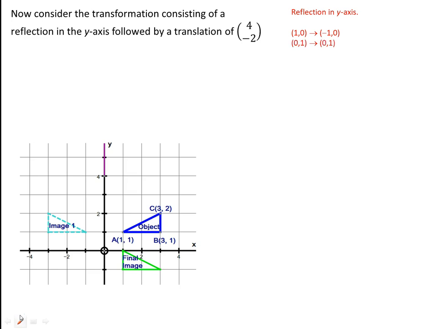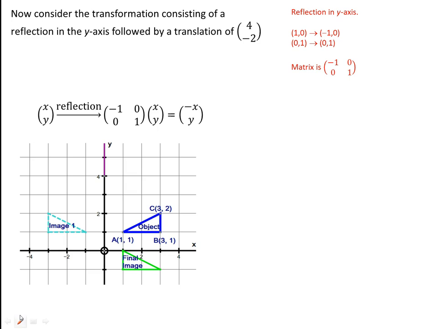So we've got the point (1, 0) becomes (-1, 0). That's the first column of my matrix. The point (0, 1) stays as (0, 1). That's the second column in my matrix. So for our general point (x, y), when we do the reflection in the y-axis, it becomes [-1, 0; 0, 1] times (x, y), which simply gives me (-x, y).